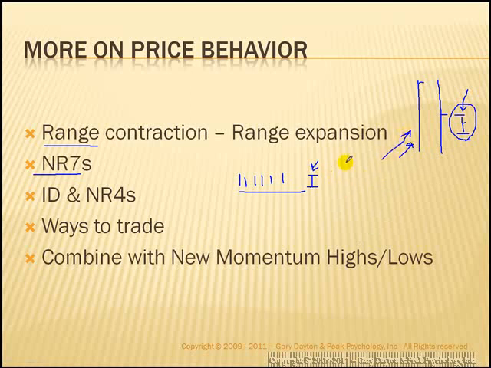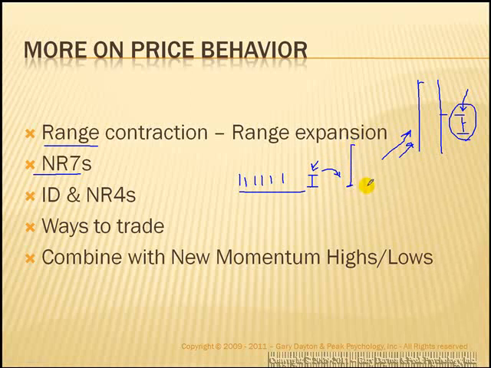And what Crabel found was that these narrow range days are one of the components of what we would call a trend day. A day that starts on one extreme, maybe starts on its low, and rallies and closes on its high.